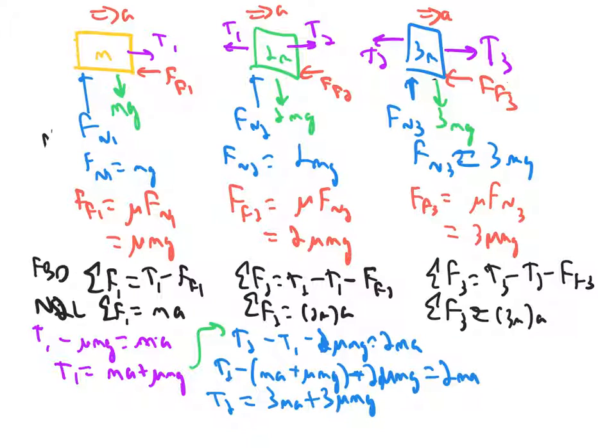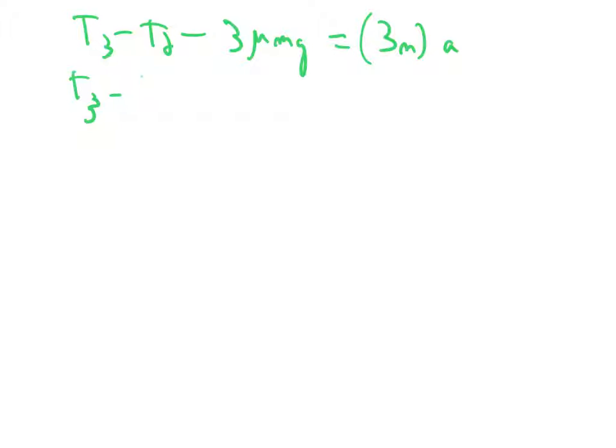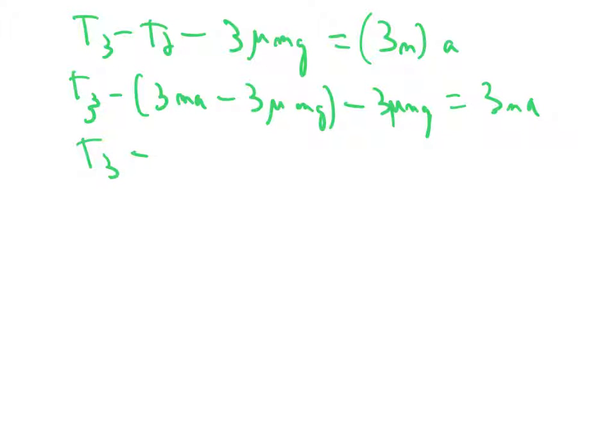Something similar is going to happen for block 3, but I'm out of room, so I have to go to a different screen. We would have T3 minus T2 minus 3 mu mg equals 3m times a. So T3 minus 3ma minus 3 mu mg minus 3 mu mg equals 3ma, or T3 minus 3ma minus 6 mu mg equals 3ma.